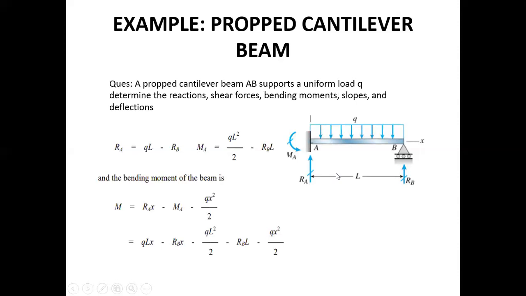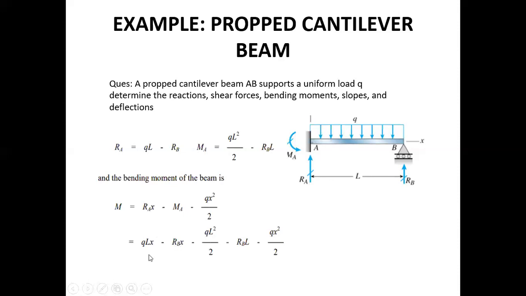Now if we calculate a simple moment about any section XX at a distance x from the end A, the equation will be like this. This says Mx, the moment on any section, is equal to RA multiplied by x, the distance from the section, minus MA, which will be as it is because it is a moment, not a load, so it will not be multiplied by any perpendicular distance, minus qx square by 2 due to this UDL q.